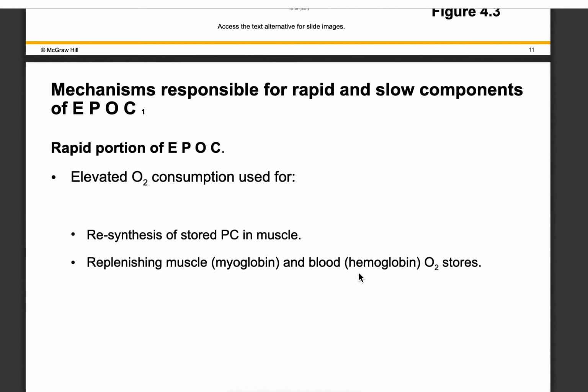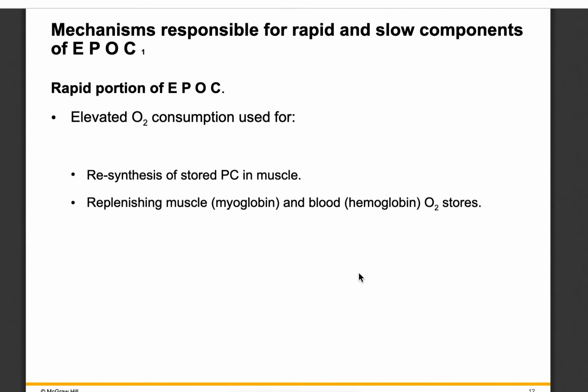If we talk about the rapid portion of EPOC, this elevated O2 consumption, where it's a little bit steeper and then decreases pretty quickly, this is really used to resynthesize those creatine stores back into phosphocreatine so that you have those ready to go in case something happens again. You can tap back into those to make ATP very quickly.